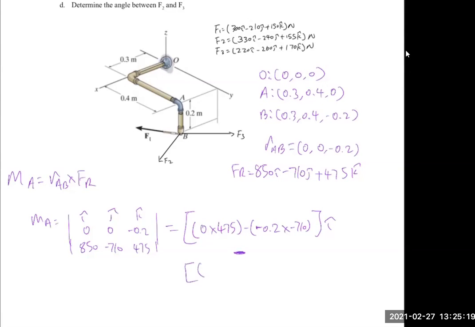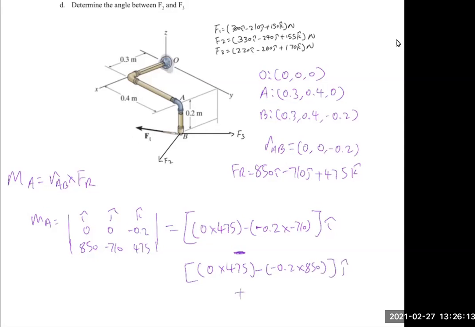For J, 0 multiplied by 475 minus negative 0.2 multiplied by 850.